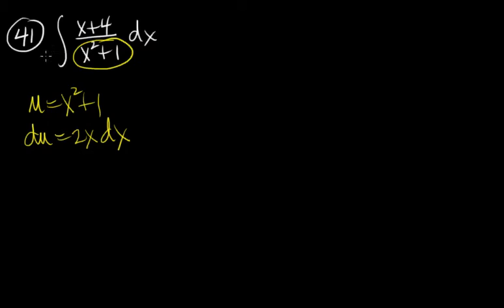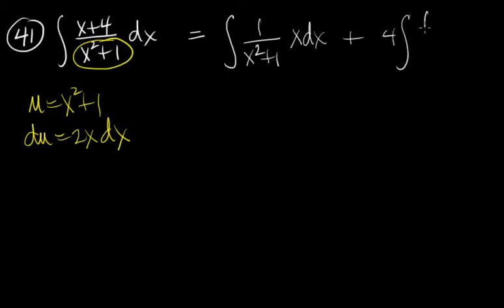So what I can do is split this integral into the integral of 1 over x squared plus 1 times x dx plus 4 times the integral of 1 over x squared plus 1 dx. So this is arctan here. That one exactly fits our formula.